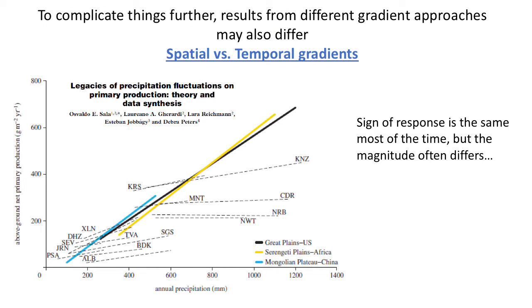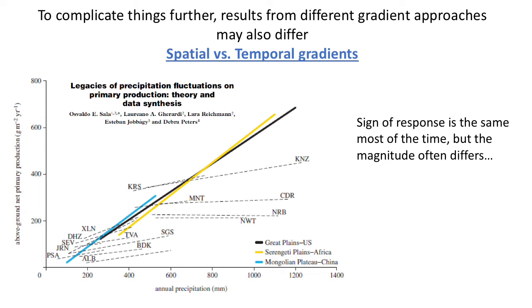And then to complicate things even further, even within these different gradient approaches, spatial versus temporal, you can get different answers to the same question. So here's a paper by Osvaldo Sala showing one previous relationship and some new relationships. This is the relationship between aboveground net primary production and annual precipitation.